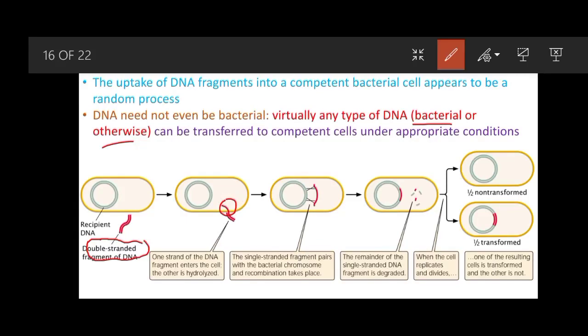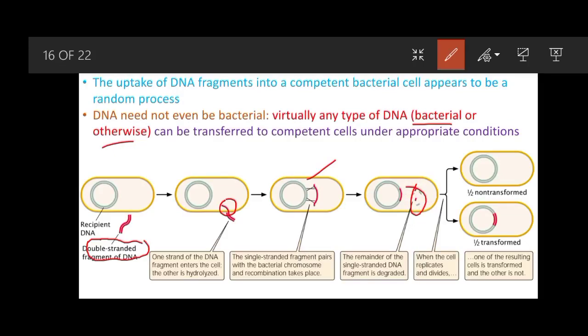When this is taken up by the cell, there are homologous sequences on this DNA fragment and the bacterial chromosome, and recombination takes place between this fragment and the bacterial chromosome, and the excised DNA fragment is then degraded.